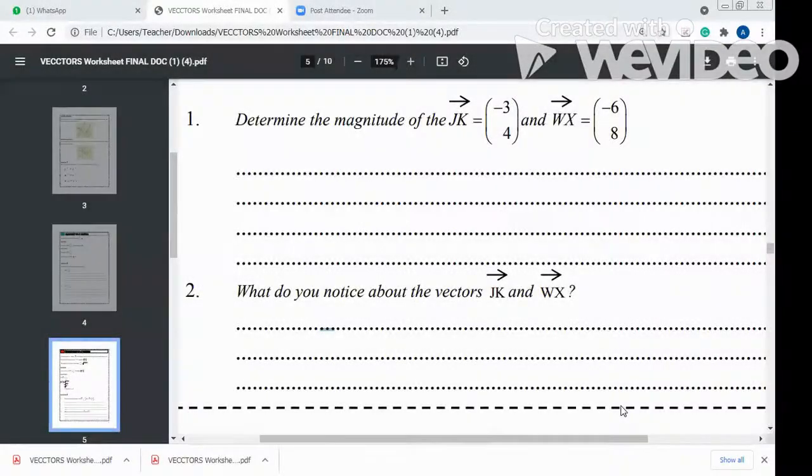Yes, sir. You want to walk us through? All right, we're going to use the notation.